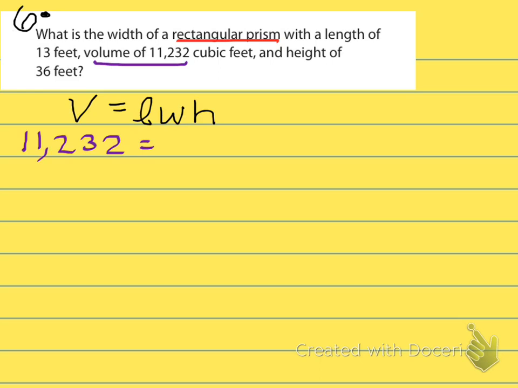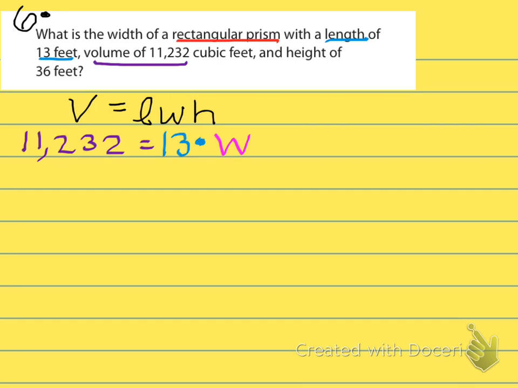Then I'm going to see what else I can find. Looks here, it says with a length of 13 feet. So see the length, 13 feet. So I'm going to write a 13 right there. And I'm going to write a little multiplication dot so that I know I'm going to be multiplying. Then it says it has a height of 36 feet. So what that means is that we're missing the width. So rather than writing 36 right there, we need to make sure that we're substituting into our formula.